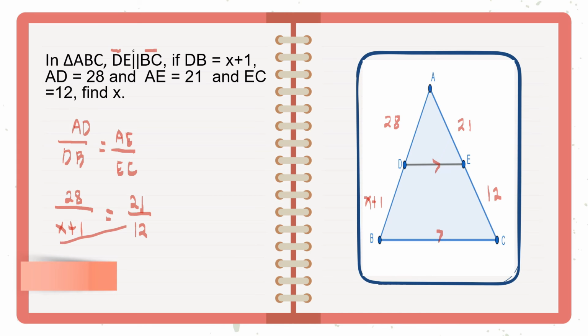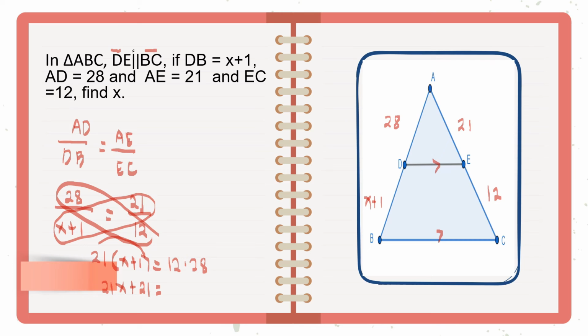So by cross multiplication, we get 21 times x plus 1 equals 12 times 28. So 21 times x is 21x, 21 times 1 is 21, so plus 21 equals 12 times 28, which is equal to 336.